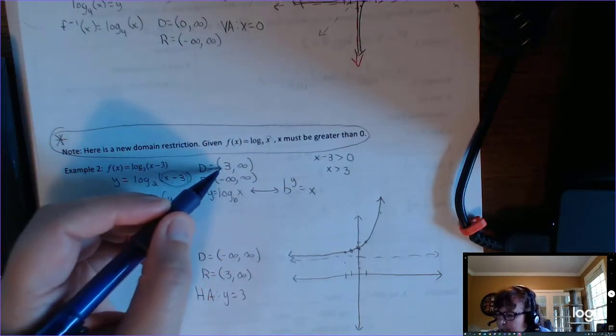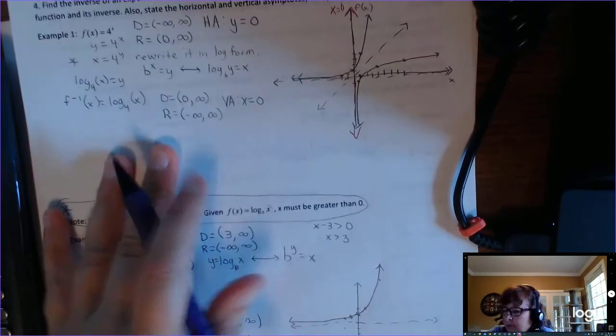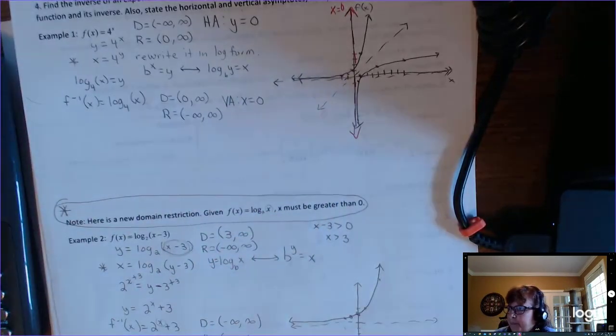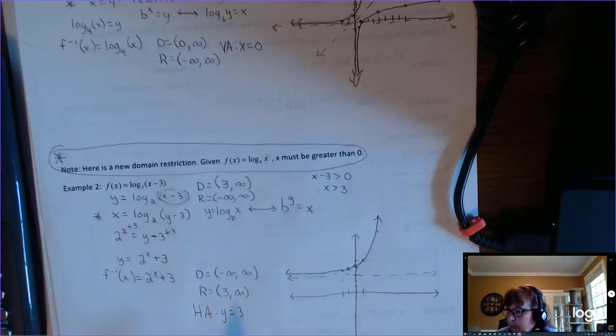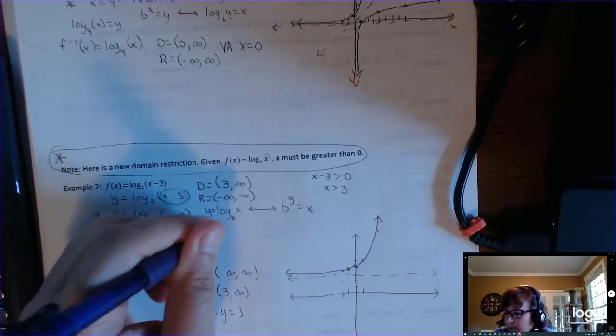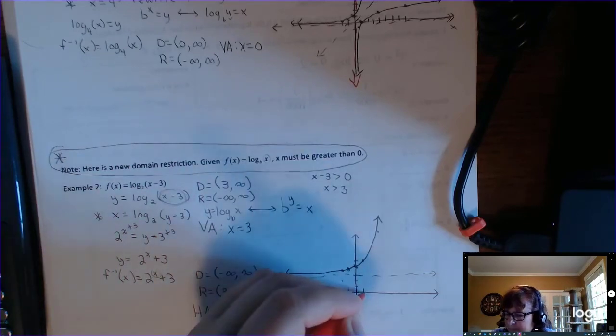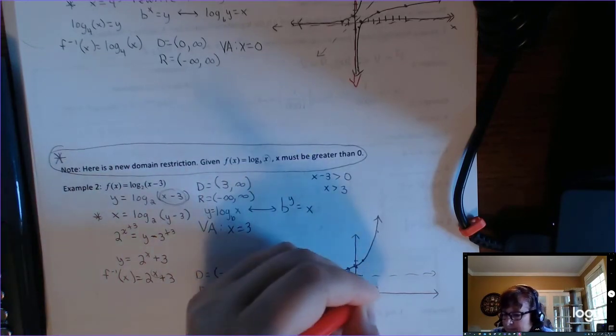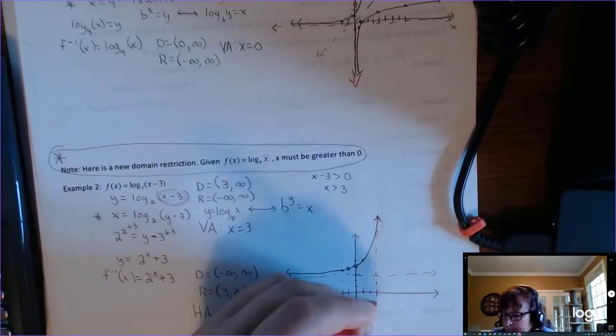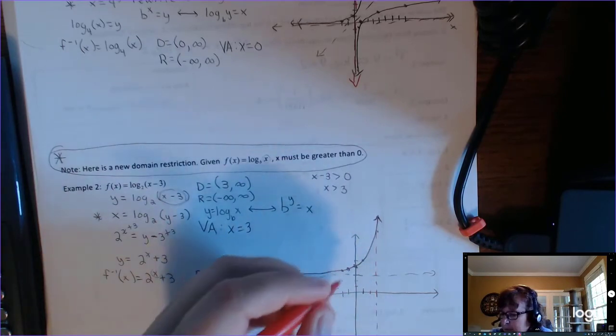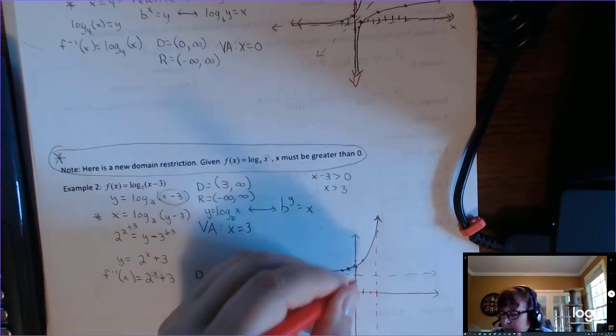If your domain doesn't start till 3 to infinity, and we know what logs look like, and we know that with inverses everything switches. So if we have a horizontal asymptote of y equals 3, we're going to have a vertical asymptote of x equals 3. And this time I'm going to also remind you that the ordered pairs switch.